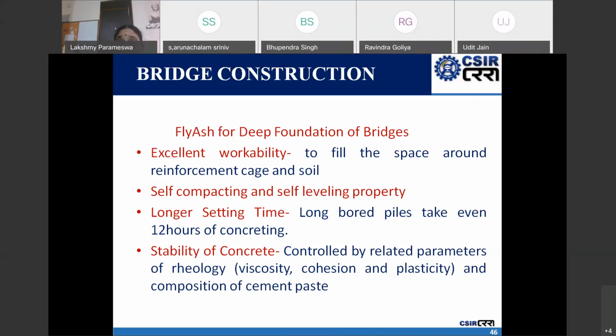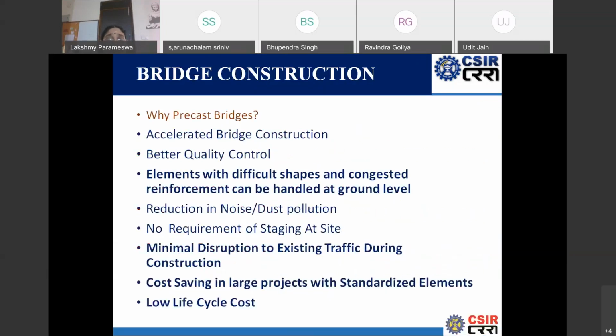It has a self-compacting and self-leveling property and longer setting time that helps in doing the concreting for maybe 12 hours. So it helps there for long bored piles, and stability of concrete can be controlled. So that is another advantage.